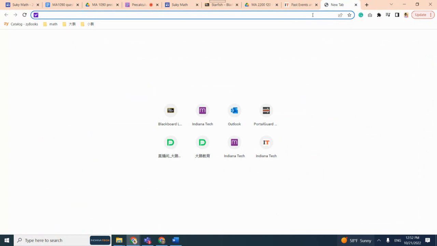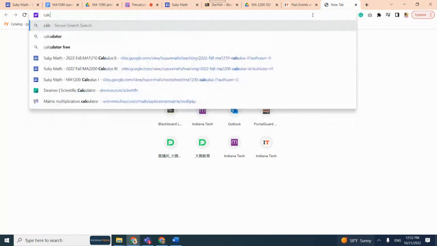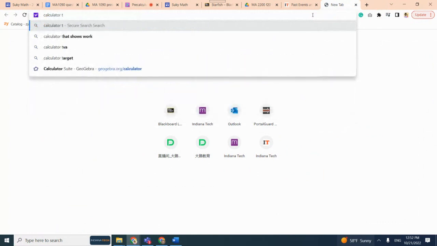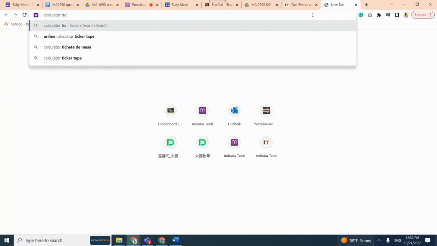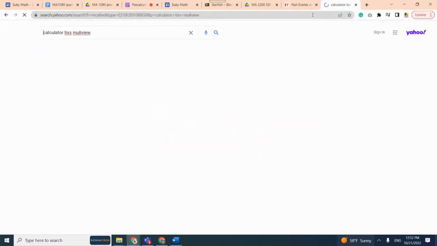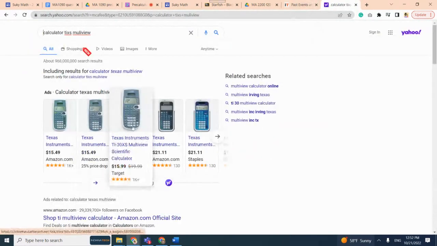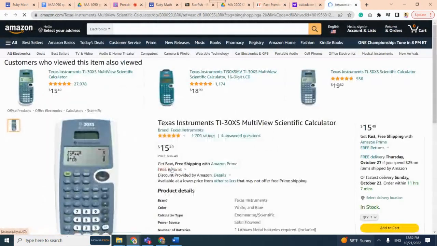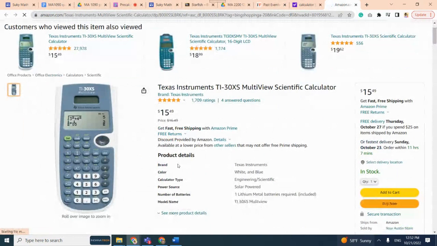I would recommend buying this calculator. It's about $15.